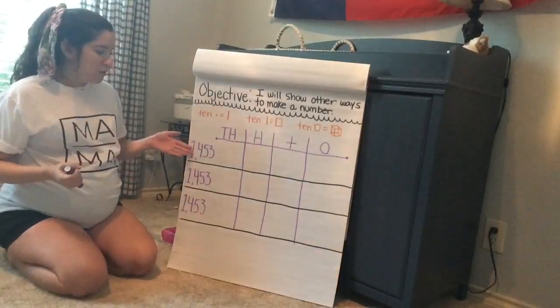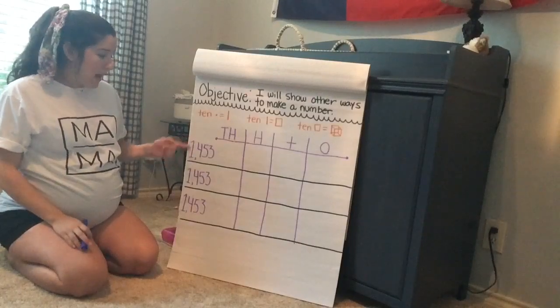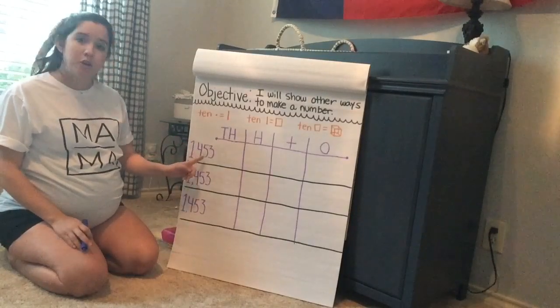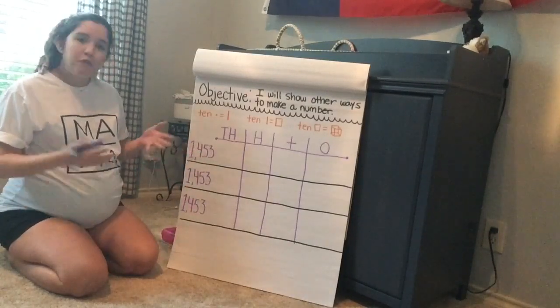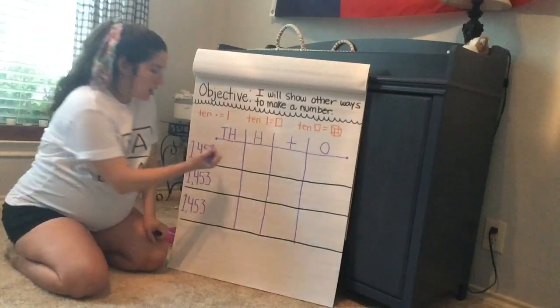So the very first number I have is 1,453. The first way I'm going to do it is basic, how you would normally see it.